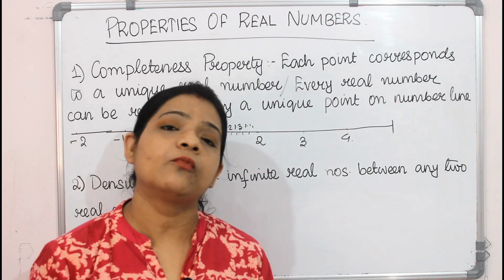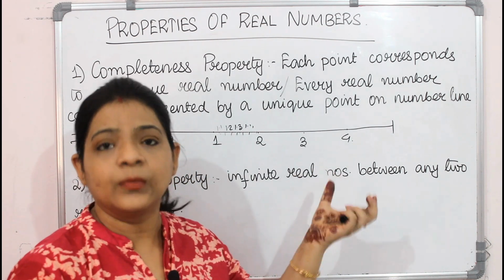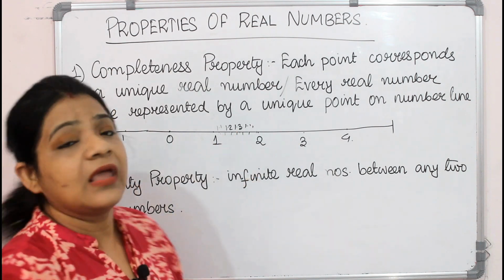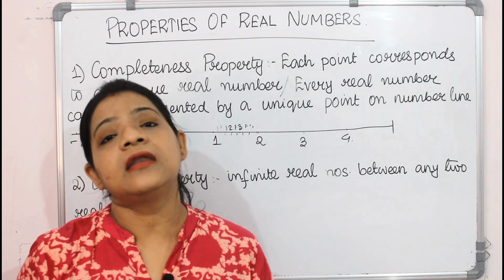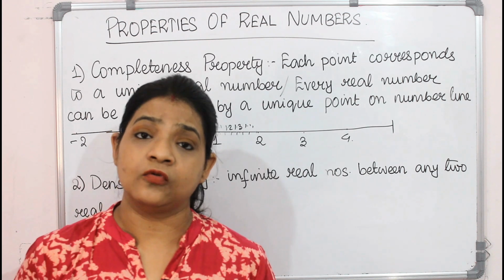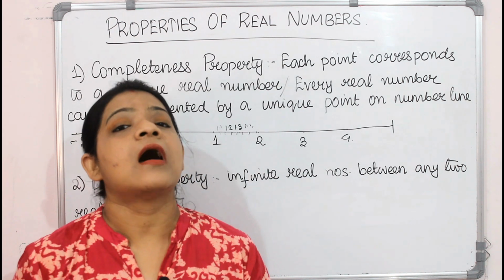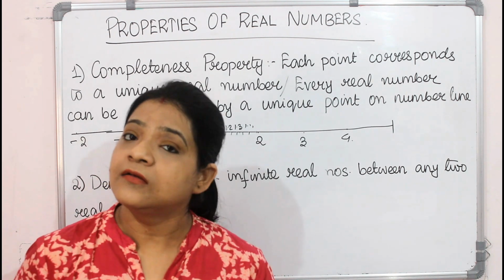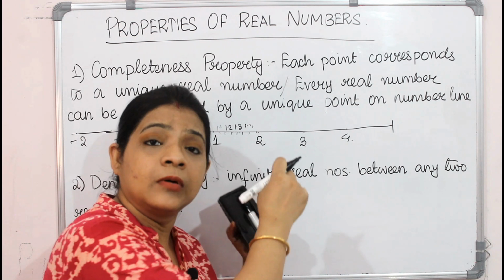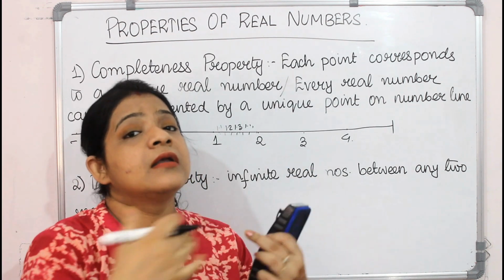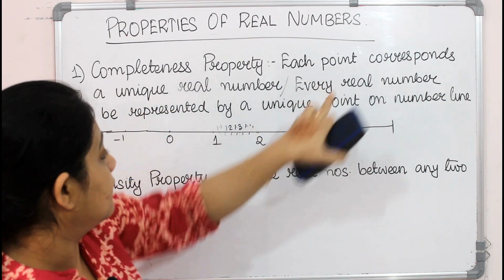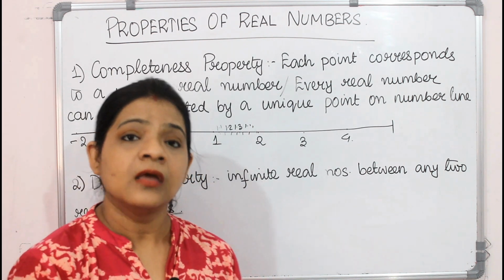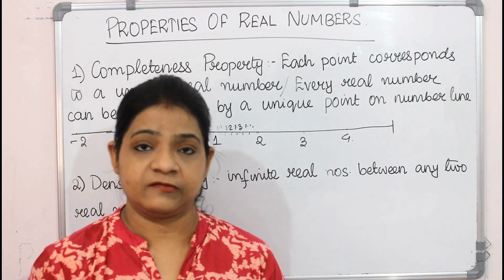All these are rational numbers as well as real numbers. You identify any point, and that point will give you a real number. So that is the completeness property: each point represents a real number, and any real number on a number line is represented by a unique point.